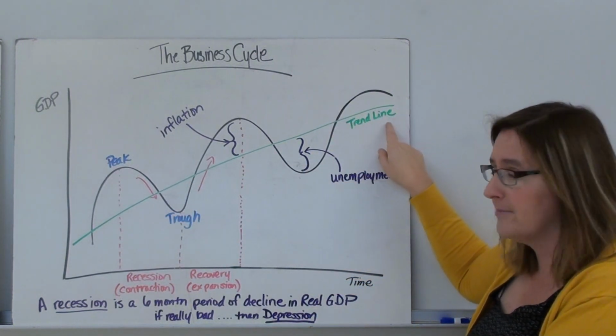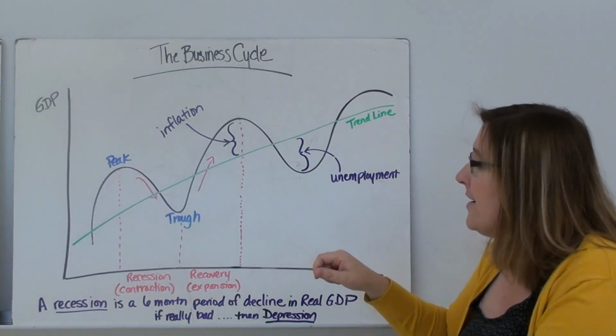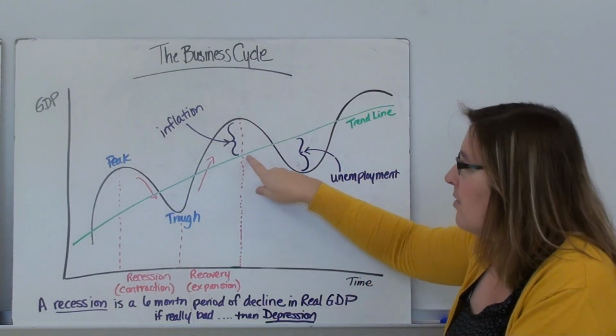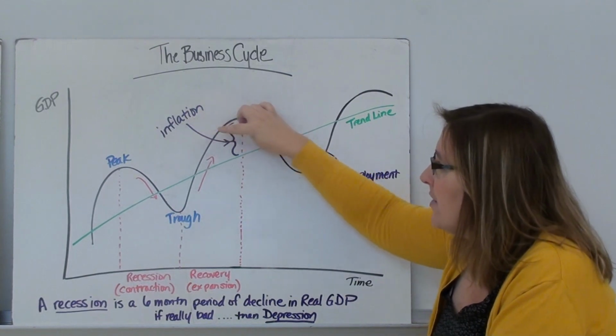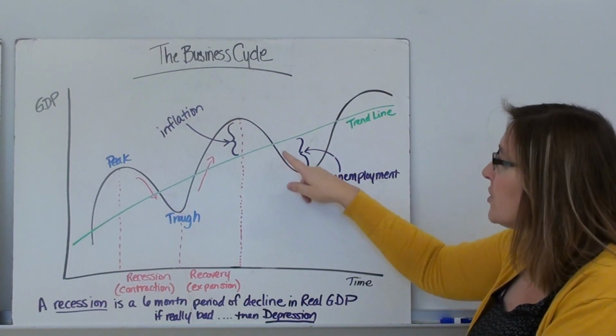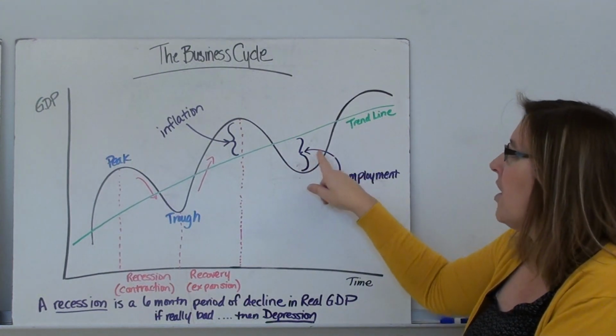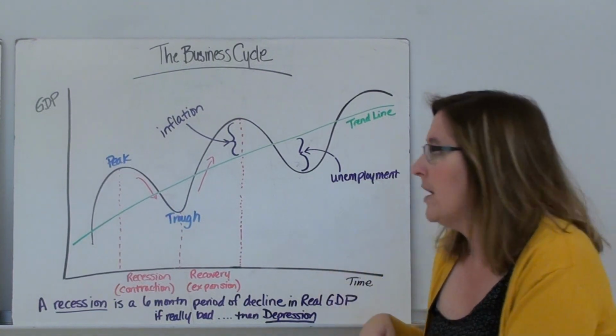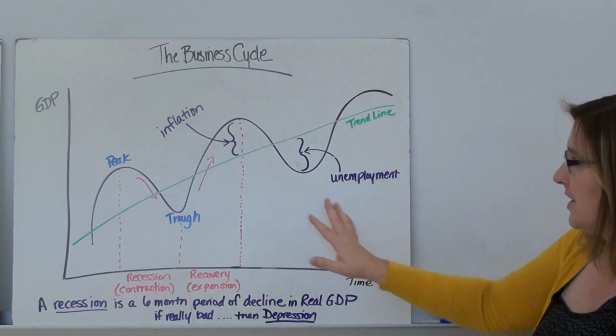We call that the trend line. When a country is above its trend line, up on a peak above this trend line, we call that time period an inflationary gap. And when we're below the trend line down here in a trough, we call that time period unemployment, or a recessionary gap. So those are just some things you need to know about this.